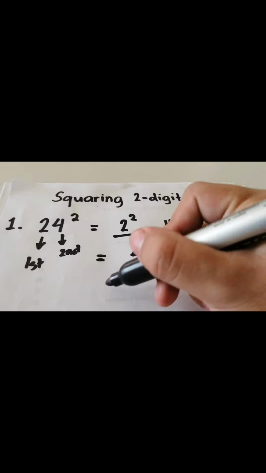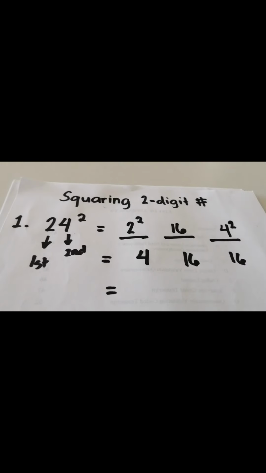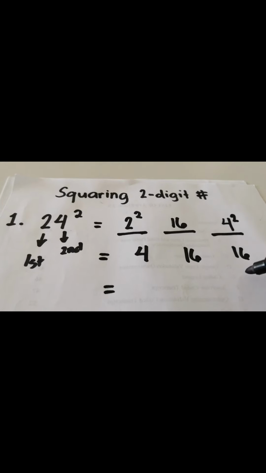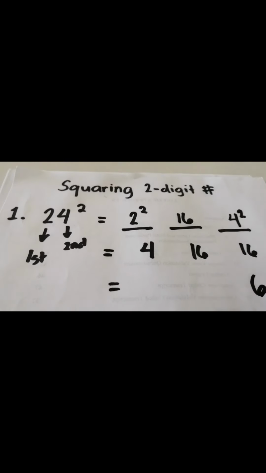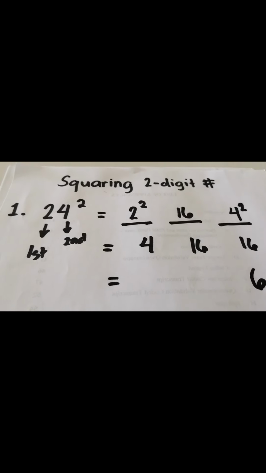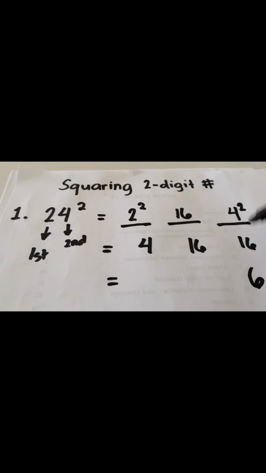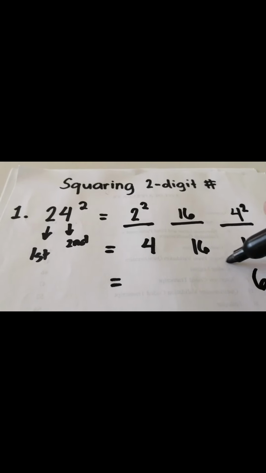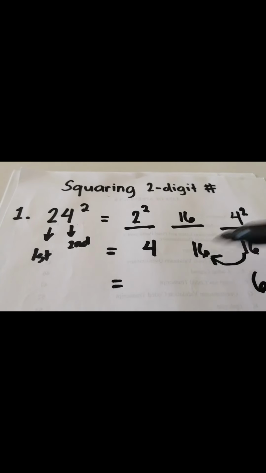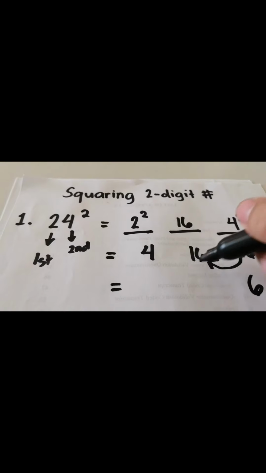After this process, we start our final answer at the last digit. So we have 6. Take note, if you have 2 digits in the second and third spaces, the first number will be carried over to the next space. So 16 plus 1 is 17.